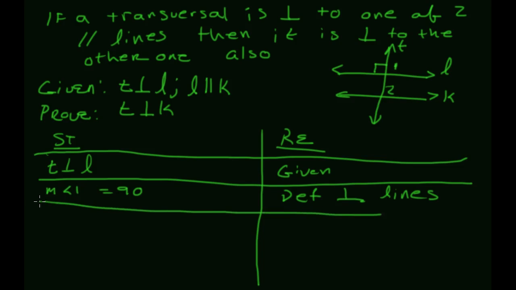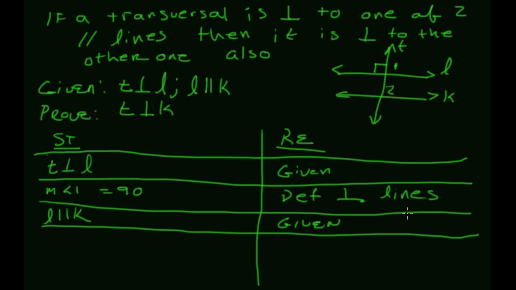All right, we also know that L is parallel to K. That's also been given to us. Okay, so that's pretty straightforward. And, well, let's see, 1 and 2, these are corresponding angles, which means that they have to be congruent. So the measure of angle 2 has to also equal 90. This is what we're going to call the corresponding angle postulate, right?